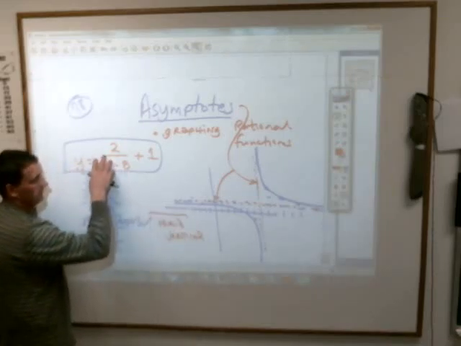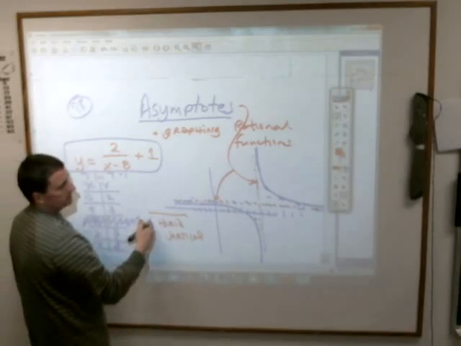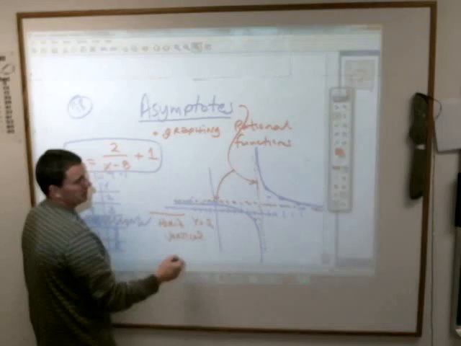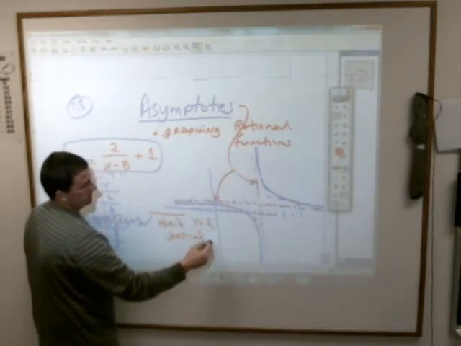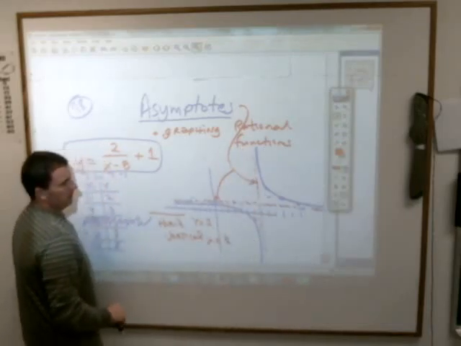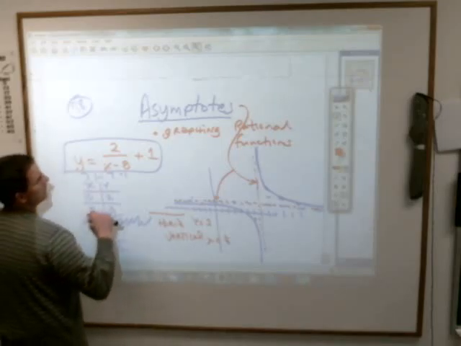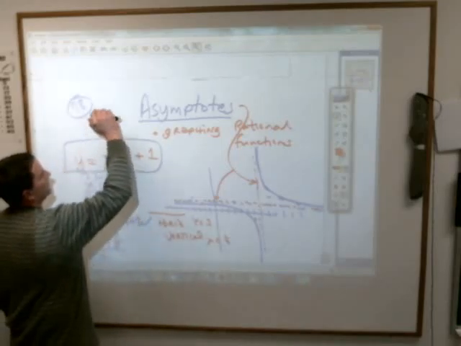In this equation, my horizontal one was at y equals positive 1, and my vertical, my up and down one, was where x was 8. That graph will come close to those but never cross those. Now if you understood that or not, it doesn't really matter, because we will talk about it right here.